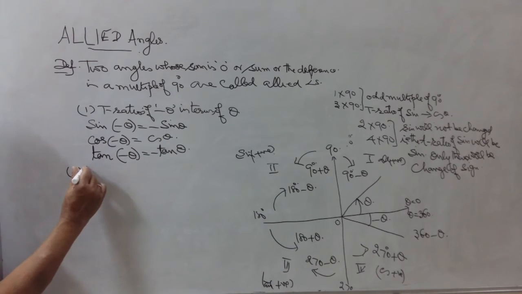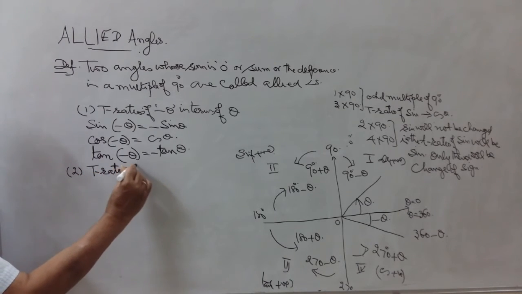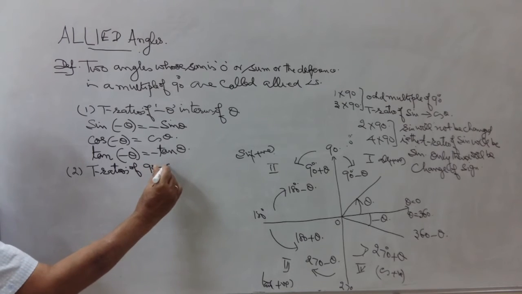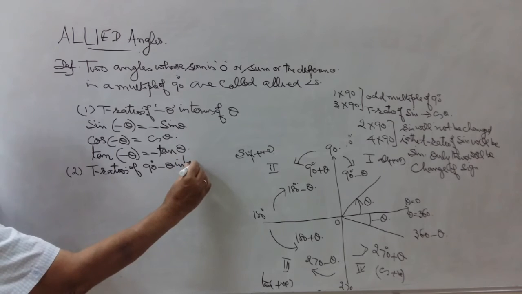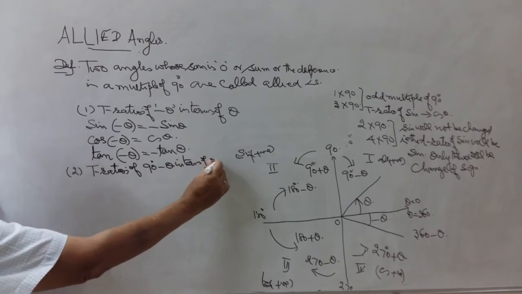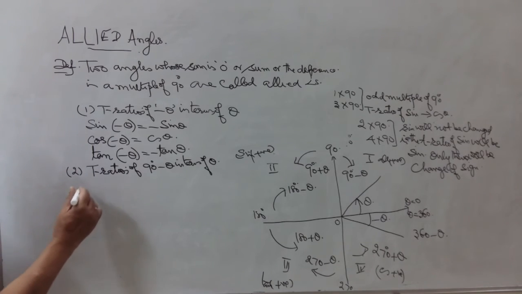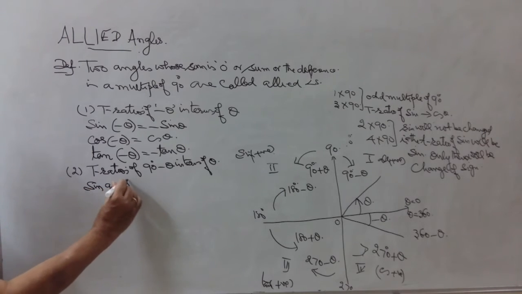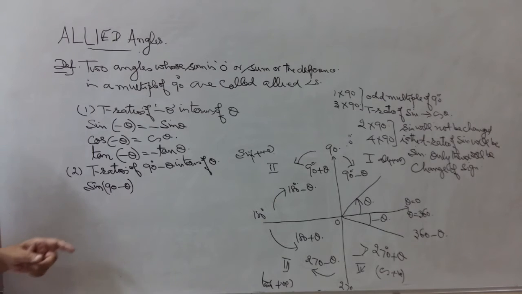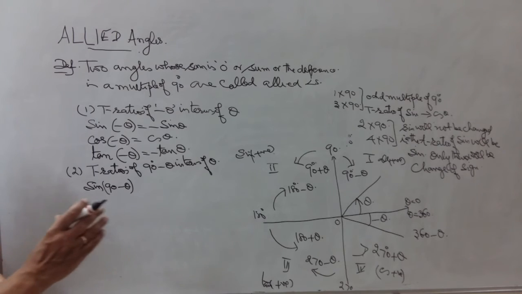Now we go for t ratios of 90 minus theta in terms of theta. See, now you just make a base. 90 minus theta means the first quadrant, and in the first quadrant all the t ratios are positive.